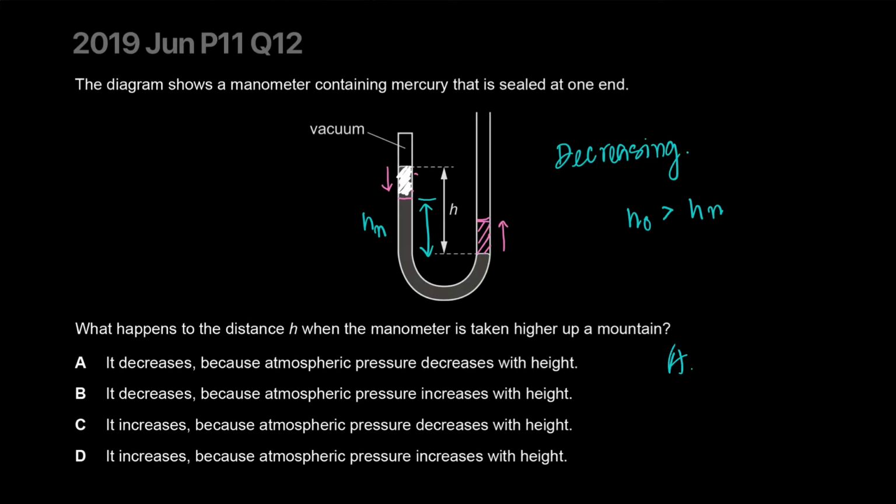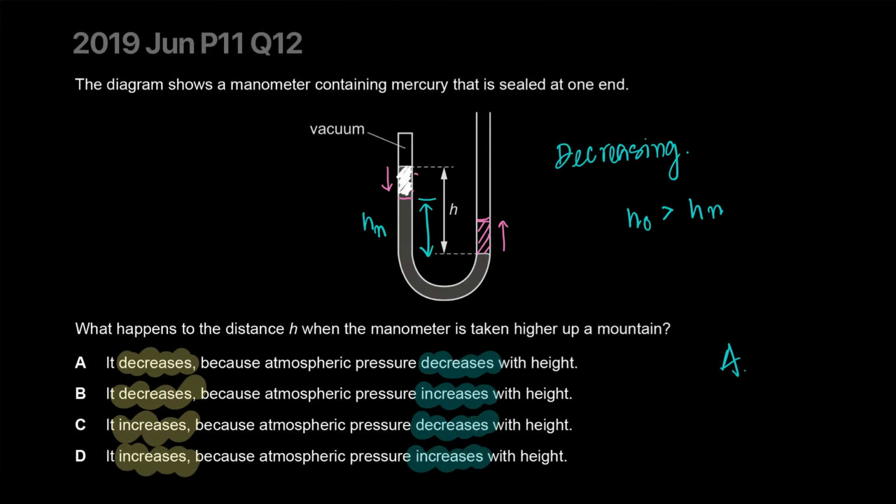Indeed. Okay, I'm just going to be OCD about this. A is my favorite letter after all. It decreases because the atmospheric pressure decreases. And the others are just all different permutations: increase, decrease, increase, increase. It's one of those questions where they're highlighting these.